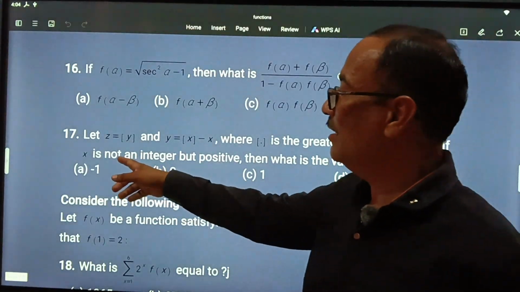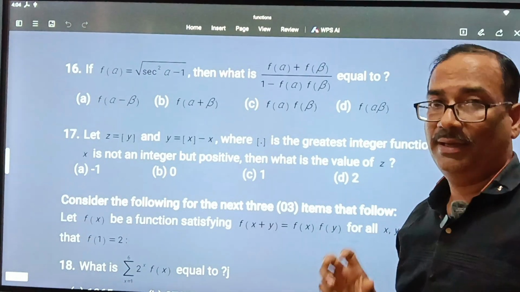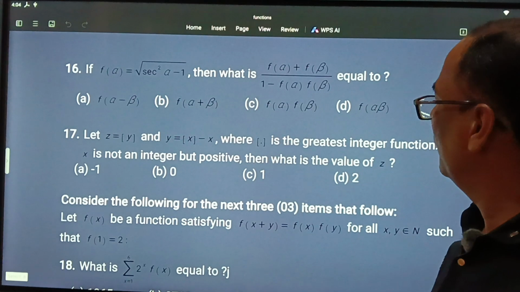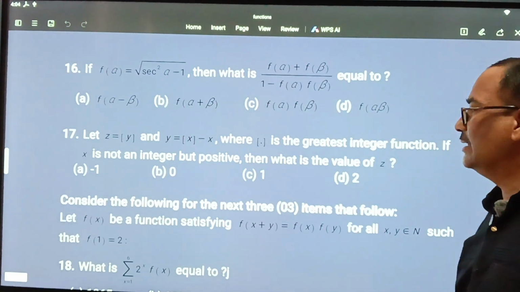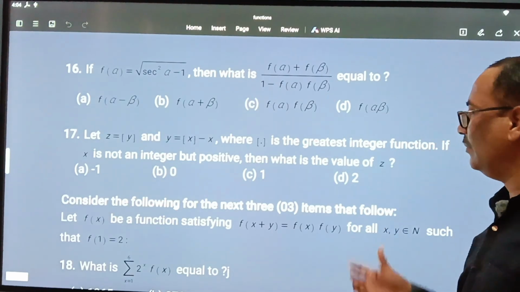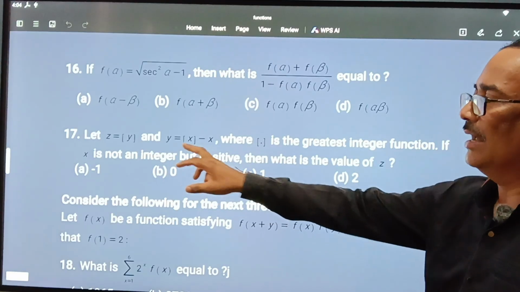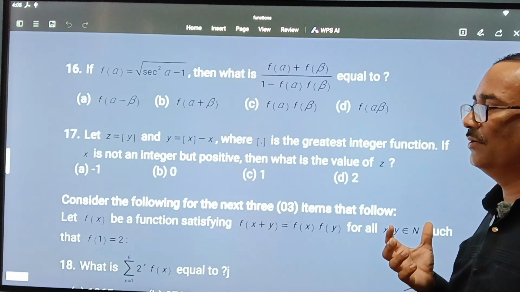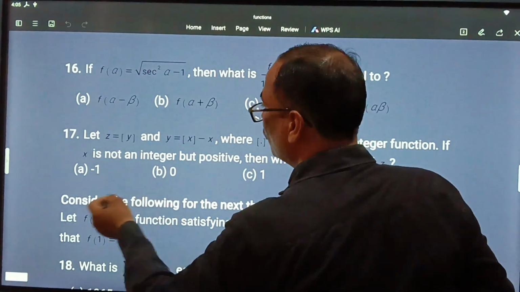If x is not an integer but positive, then what is the value of z? First of all, let's think about this. z is related to x itself, and x is not an integer but positive.